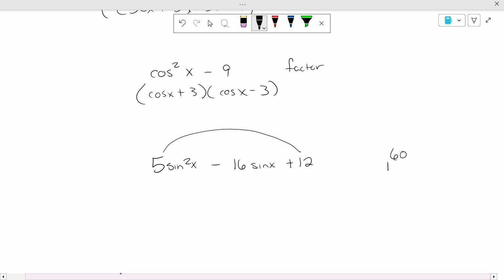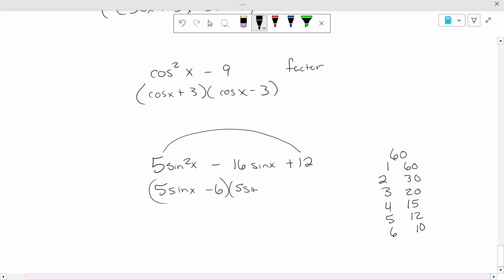Factors of 60 are 1 and 60, 2 and 30, 3 and 20, 4 and 15, 5 and 12, 6 and 10. So we take 5 sine of x minus 6 times 5 sine of x minus 10.